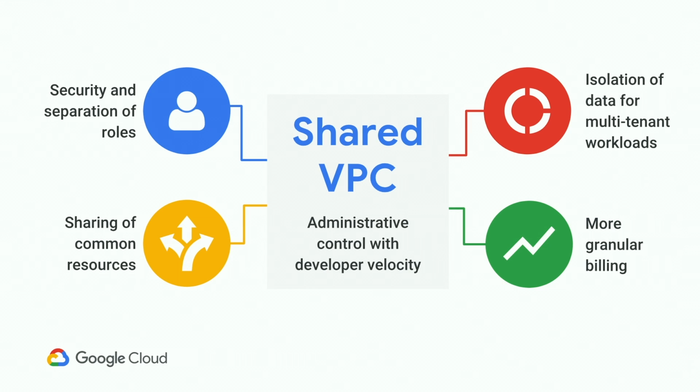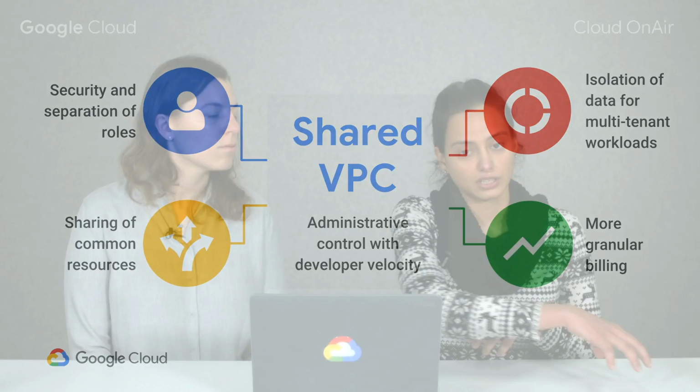So you put your infrastructure project in your host project, and you have a shared VPC within that host project. Within the shared VPC, you add a host of service projects which actually have your app-specific clusters. This way, you get security and separation of roles. Your network and security admins set up the firewalls and not the project admins.